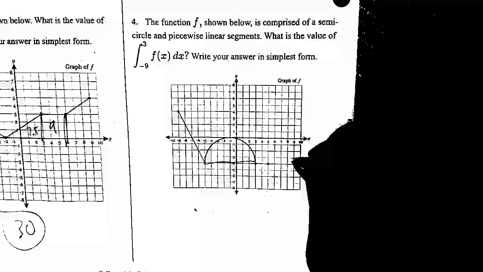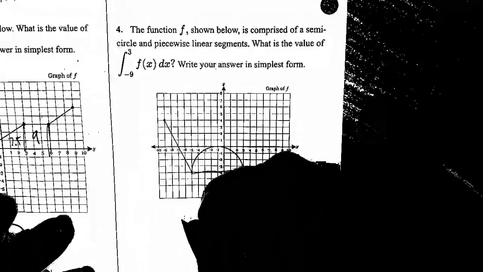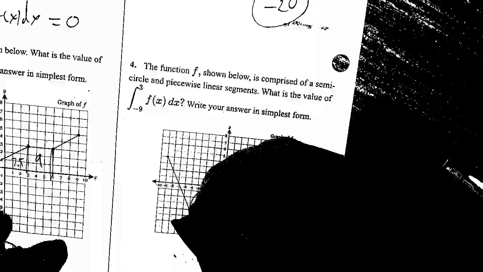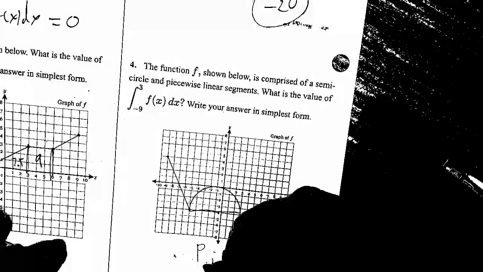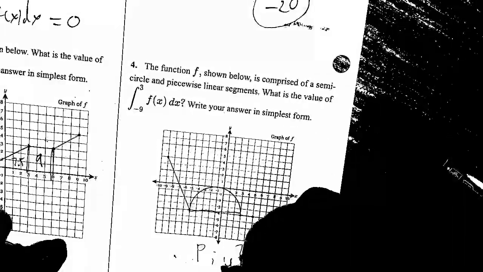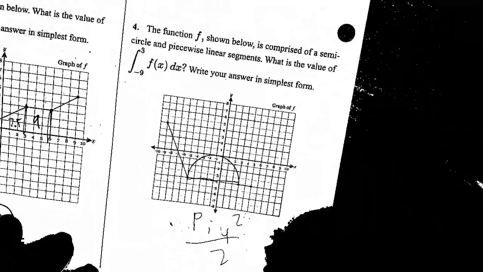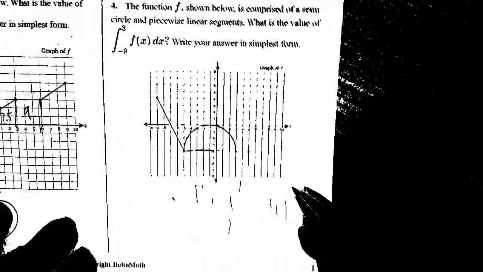So let's see. So we have 5, 2, 3, 4, 5, pi times 4 squared over 2, since it's a half circle. And then equals 41. And that's important. We're going to need that later.